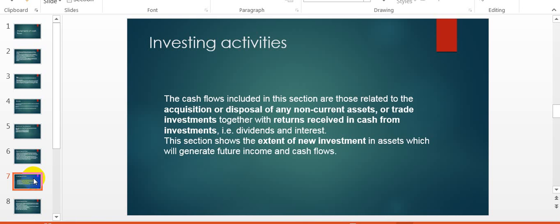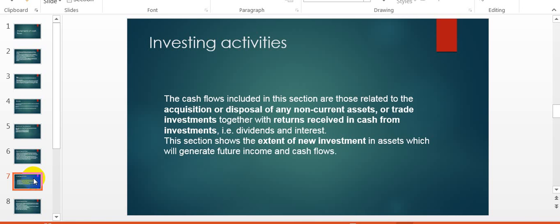The one which you are rarely given, and I'm yet to see a question where you're given this one, is the acquisition. The acquisition, the amount you spend to buy an asset, almost 90% of the exams, you work it out as a balancing figure.